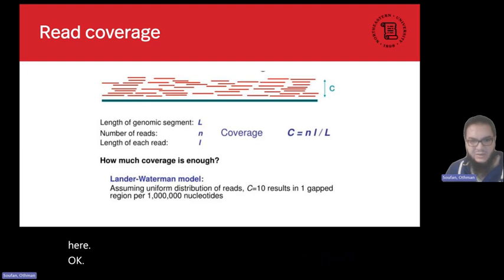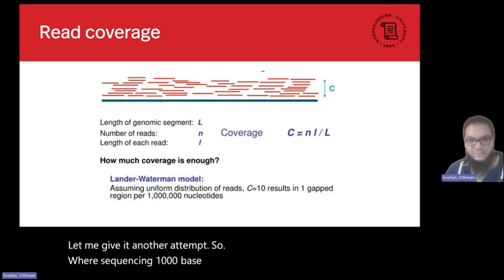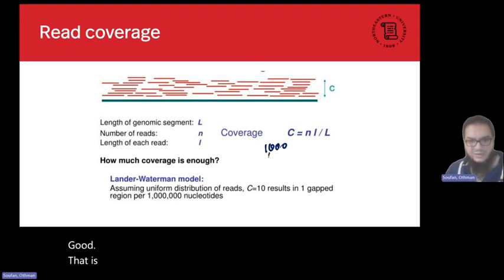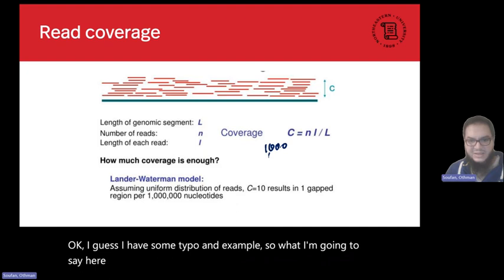Let me give it another attempt. So we're sequencing 1,000 base pairs. That is the region. I guess I have some typo in the example. So this is the size of the region or segment.